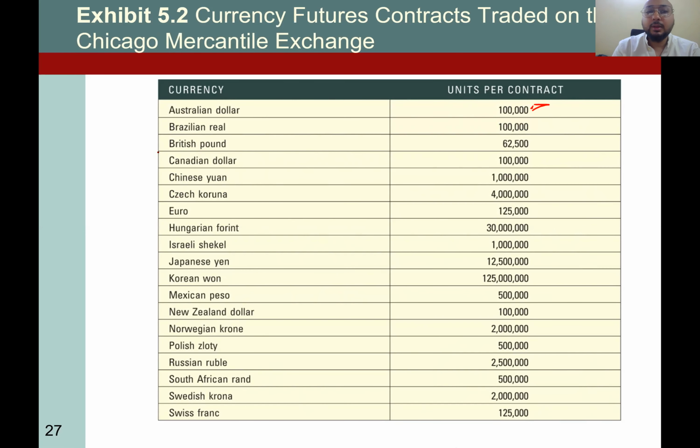Similarly with Brazilian real, British pound, we have 62,500. Canadian dollar, 100,000. Chinese yuan, minimum you need 1 million yuan. Czech krona, 4 million. Similarly, we have different ones.